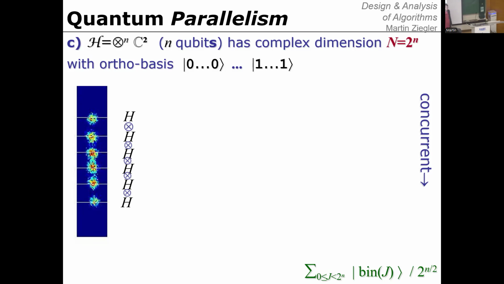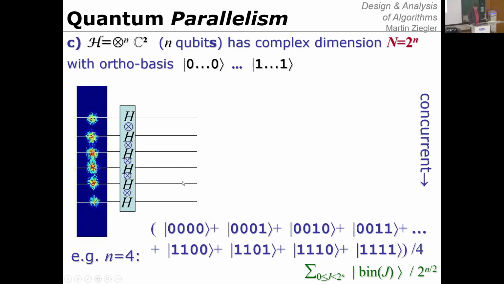And that's what the Hadamard gate actually creates. It starts with a simple input state like 0, 0, 0, 0. And after the Hadamard gate, we have a uniform distribution. Every possible qubit value is present in the state with equal complex weight.